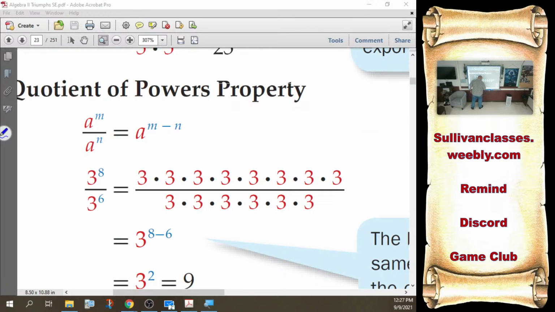It means you can do something nice and simple like if I say x to the 12th over x to the 9th. Dividing exponents.